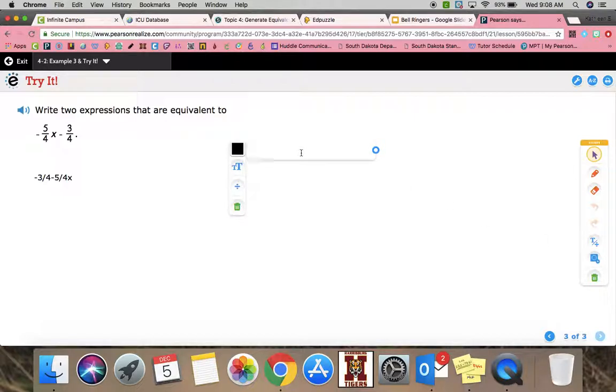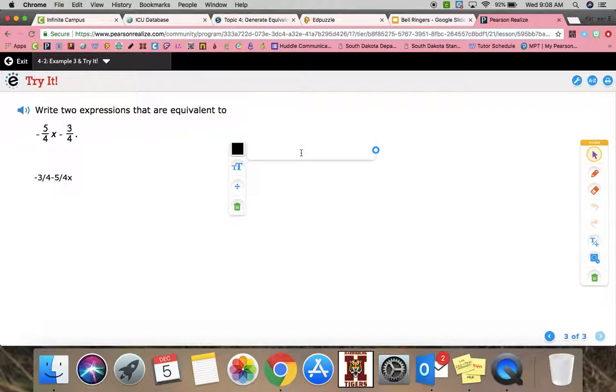The other way that I could do it is, can we distribute anything? Or can we put in parentheses? What we're going to try to find out is whether we can factor anything out of those. 5/4 and 3/4 do not have a common factor. I already rearranged them, so the other thing that I can do is use the additive inverse.